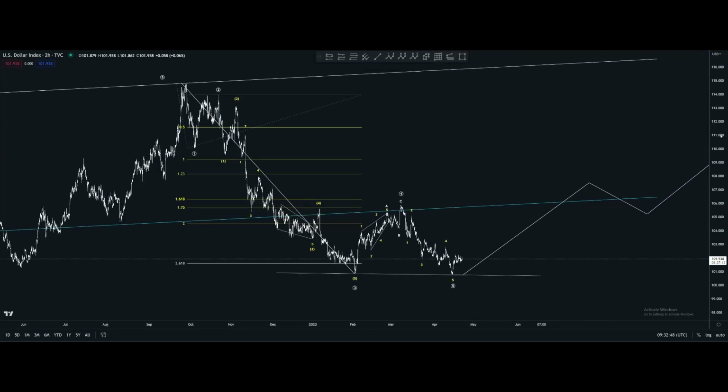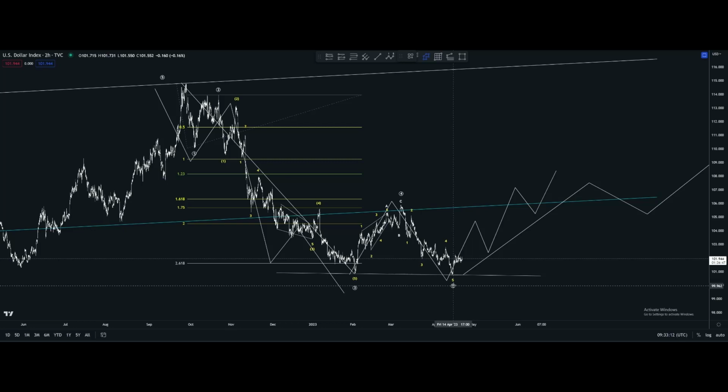Now there is a case of this possibly being already a done impulse, and this being wave A, B, and now we have some sort of an impulse, and that's it. We continue to go down.